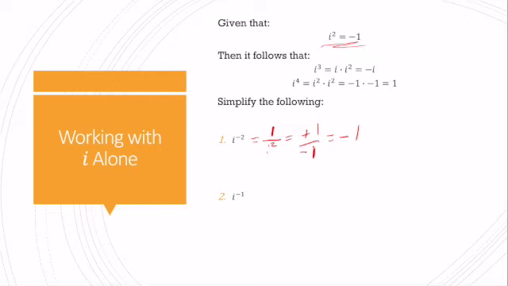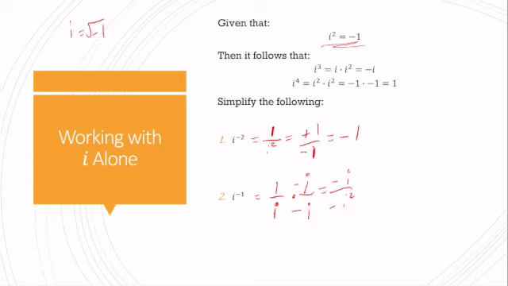Next, I have i to the negative 1, so that just gives me 1 over i. But remember, we do not like radicals in our denominator either, right? Because i is the square root of negative 1, so it's a radical. So in order to eliminate the radical, I need to multiply by the conjugate. And the conjugate of a positive i is a negative i.